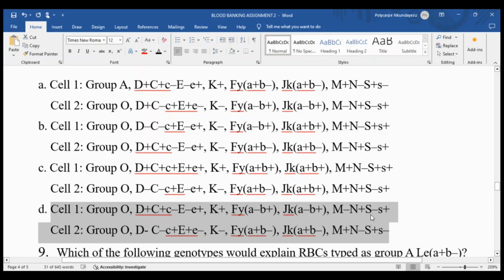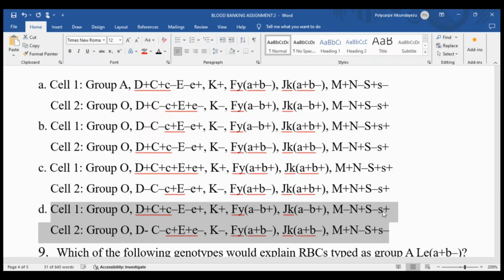The MNS group also shows dosage, as you know. M is not present in cell number 1, which means N is homozygous or double dosage, whereas M is double dose in cell 2 in this pair, and N is not present. That's okay. And capital S is present in the second cell in homozygous form, and small s is present in cell 1 in homozygous form.